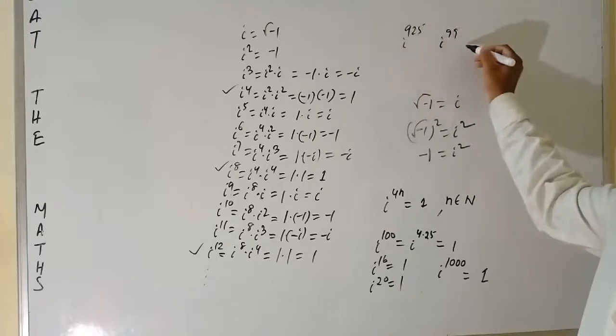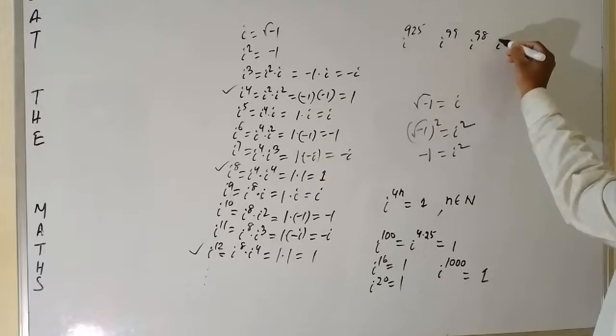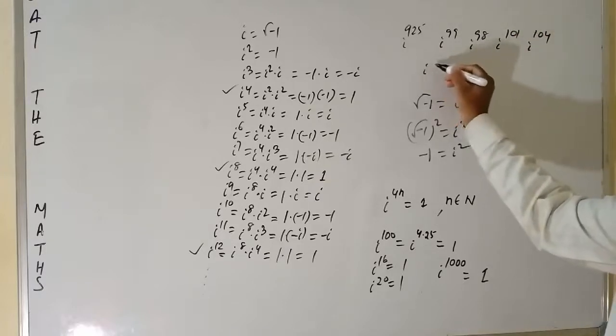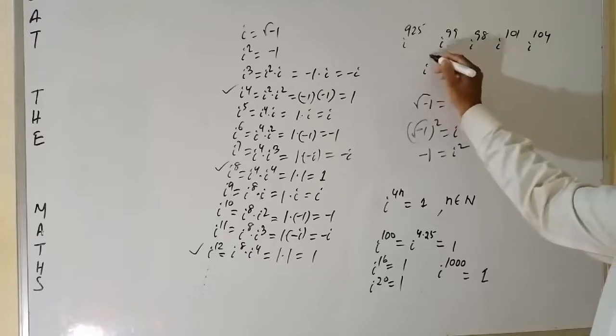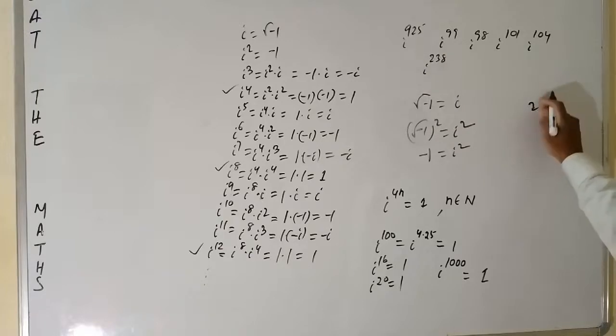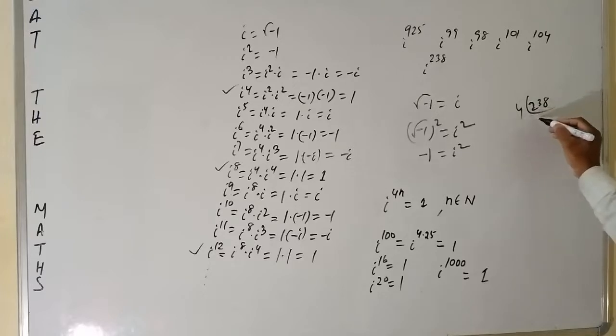i to the power 99, i to the power 98, i to the power 101, i to the power 104, i to the power 238. You see, 238, divide by 4. 4 fives are 20, then 38, and 4 nines are 36, remainder 2.